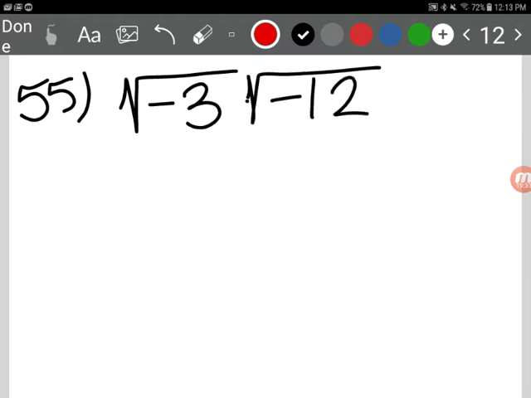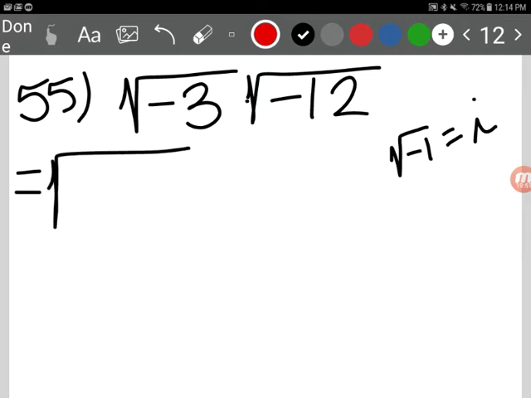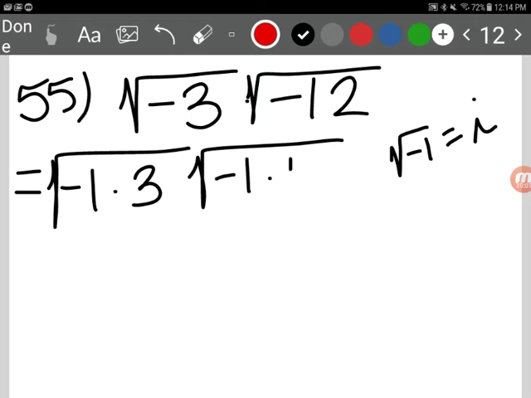So going back to the beginning of my notes, I know that the square root of negative 1 equals i. I don't see the square root of negative 1, but I can write it out and see it. I'm going to rewrite the square root of negative 3 as the square root of negative 1 times 3, because negative 1 times 3 is still negative 3. I'm going to rewrite the second part as negative 1 times 12, because that still equals negative 12.